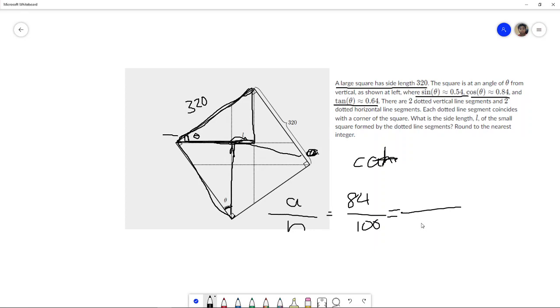So now we know the hypotenuse is 320, and the adjacent side is A. Let me just call this adjacent so we don't get confused. Now we can cross multiply. So we get 100A equals 84 times 320.